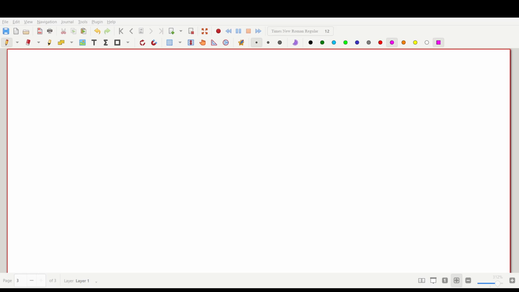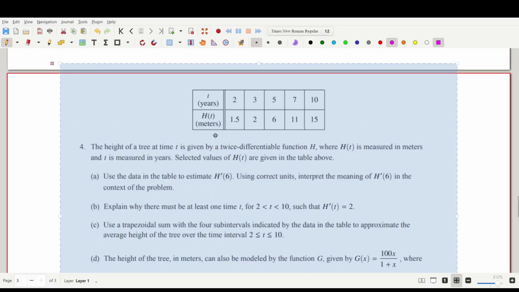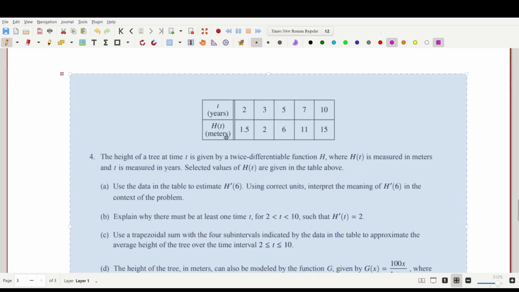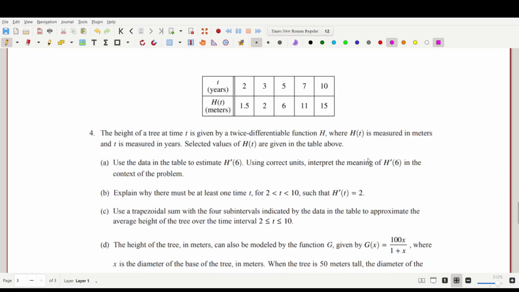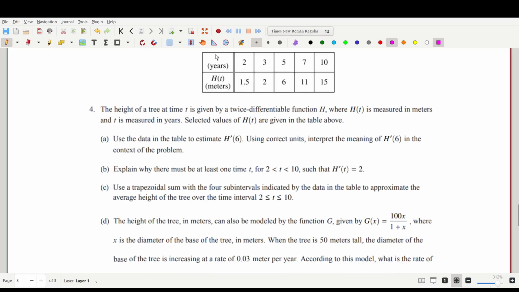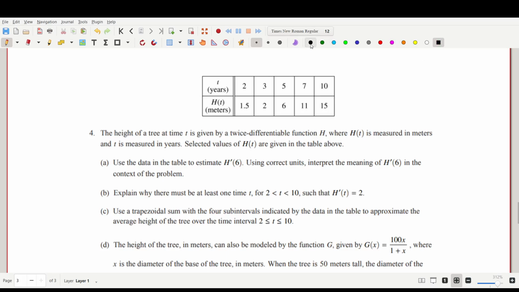All right. Next one. Number 4. The height of a tree at time t is given by a twice differentiable function h, where h of t is measured in meters and t is measured in years. Selected values of h of t are given in the table above. Use the data in the table to estimate h prime of 6.